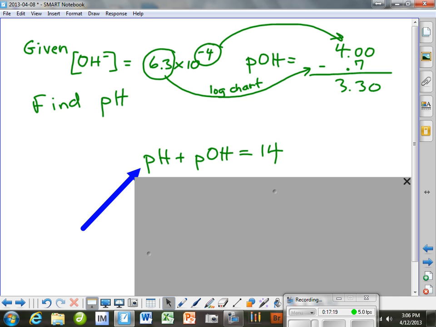So, if I give you the pH, can't you find the POH? Yeah, subtract from 14. Okay, this time I wound up with POH, right? So let's label it as such. This is the POH because I was given hydroxide ion concentrations.